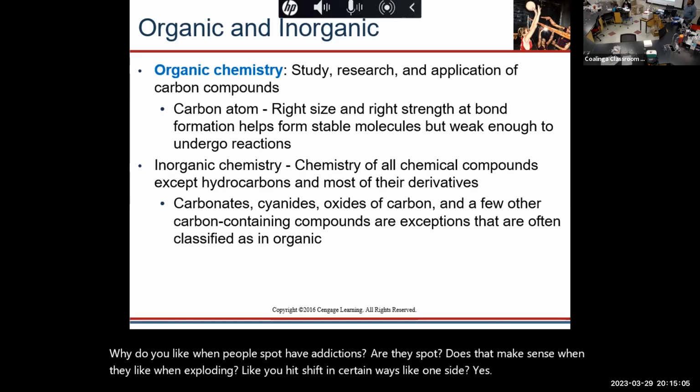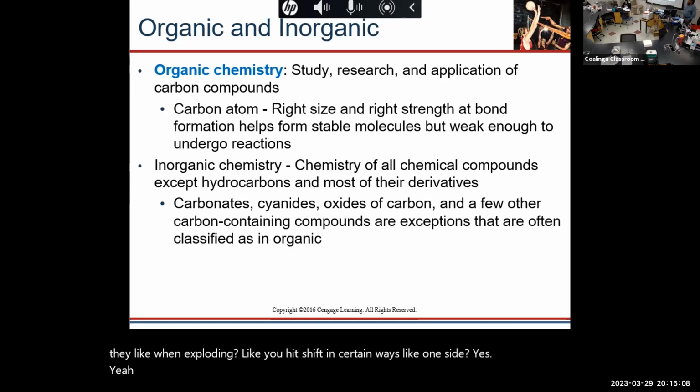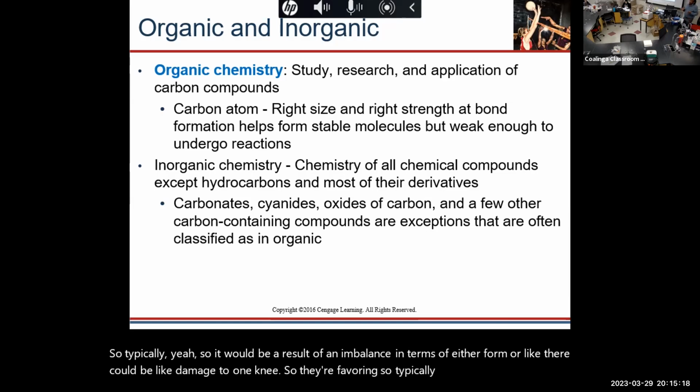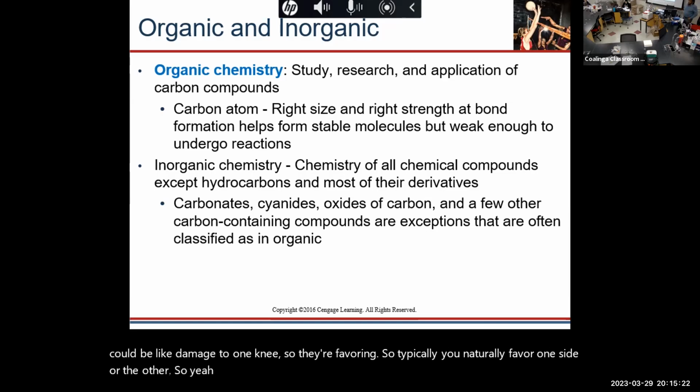Is it like an imbalance? Like a knee problem? Typically, yes. It will result in an imbalance in terms of form, or there could be damage to one knee, so they're favoring it. Typically you naturally favor one side or the other. So there is a bias.